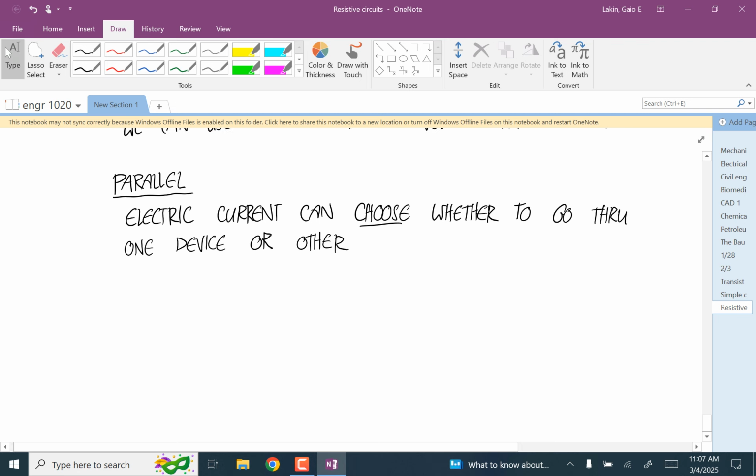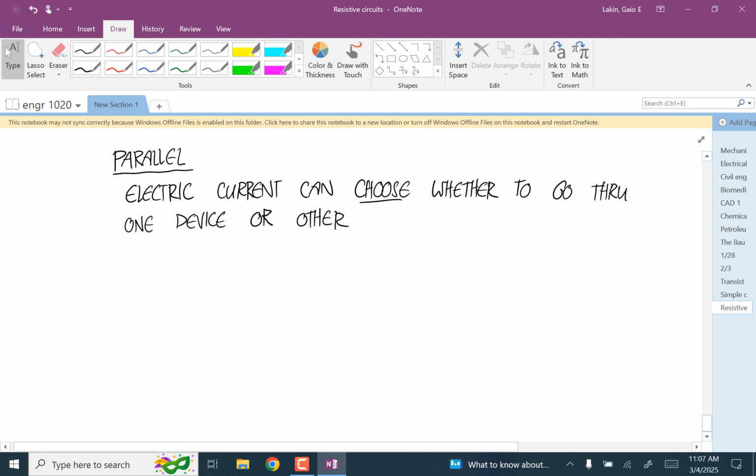So like, for example, if you have your battery and the wire goes from the positive terminal to, let's say, here's a resistor, and I'll call this one R1.